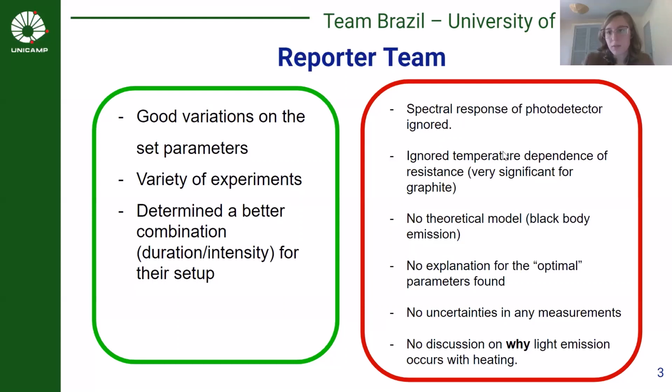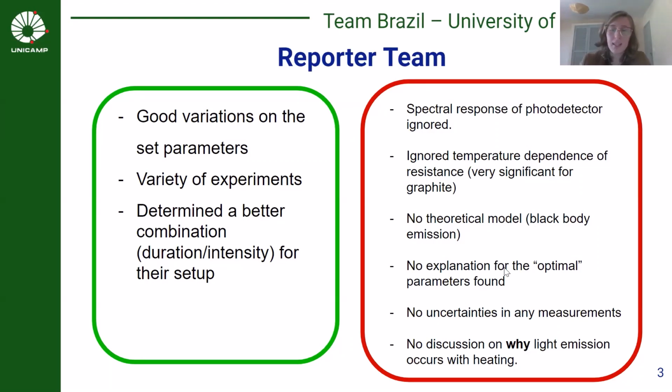So the weak point we discussed was that the spectral response of the photodetector was a bit ignored, and the temperature dependence of the resistance, which is very significant for graphite, we felt lacks explanation. We felt that there was a lack of a theoretical model, especially about black body emission, which is a very important basis for this phenomenon.